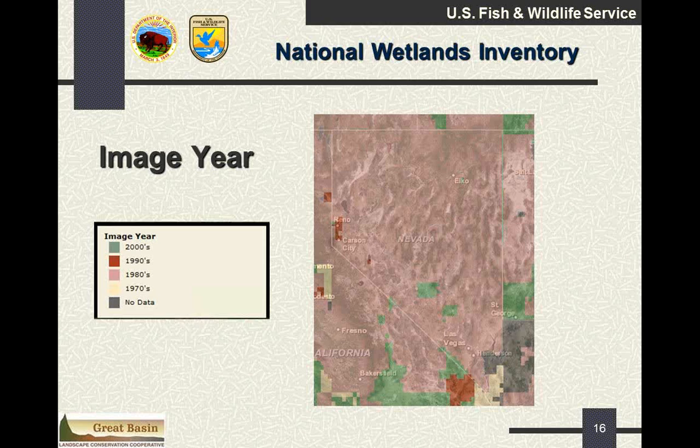So we got this brainstorm that maybe we should do a status and trends of the Reno-Carson area. So we actually had 1 to 24,000 scale imagery flown for the area that you see in darker brown on the left by Reno. And we updated all the data and then did a backward trend from older imagery.